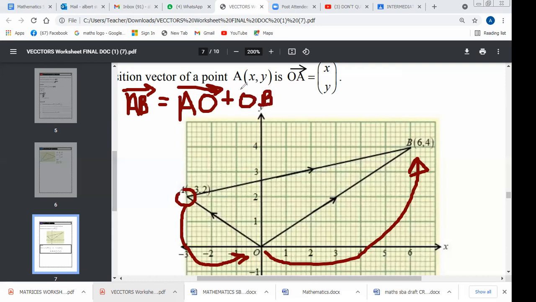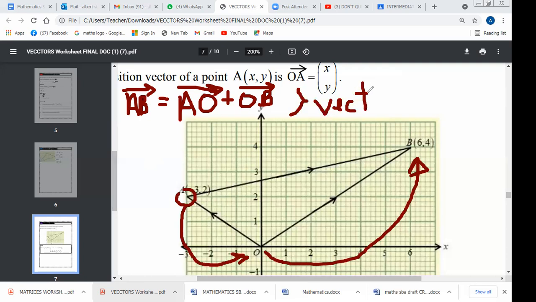O to B. So that will be your vector equation. So please make a note of that. So this is our vector equation for a position vector.